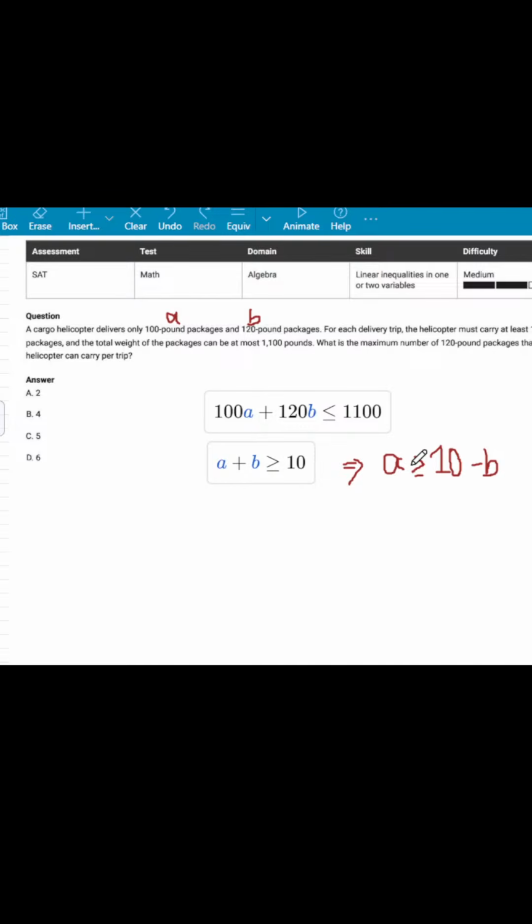Now that means that the minimum value for A is this 10 minus B, and it can be higher also, but at minimum it should be 10 minus B.